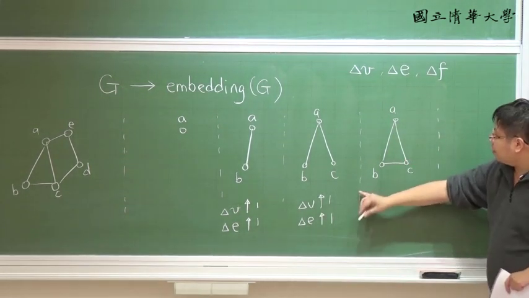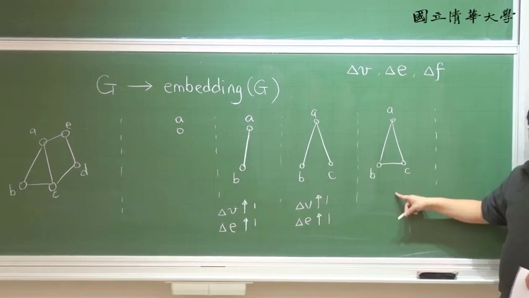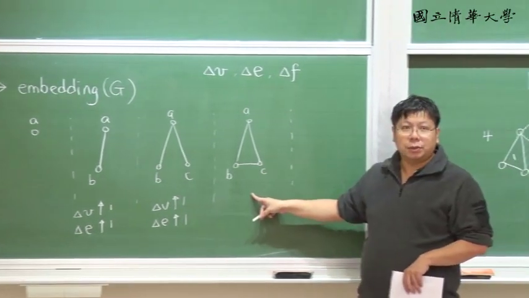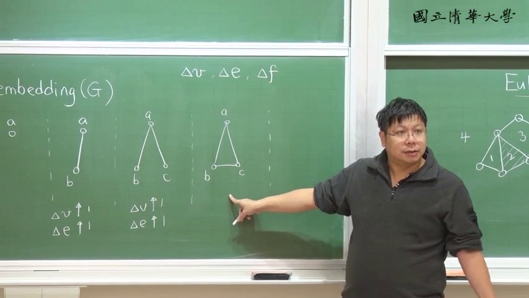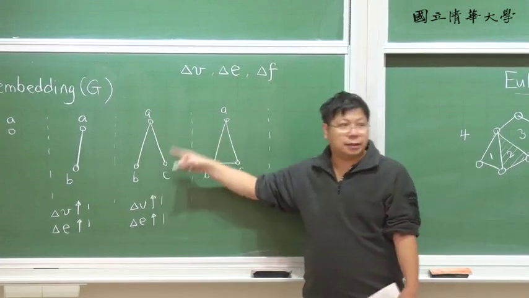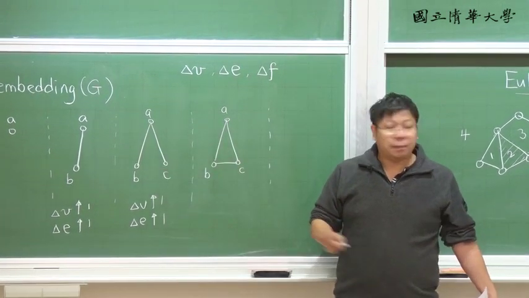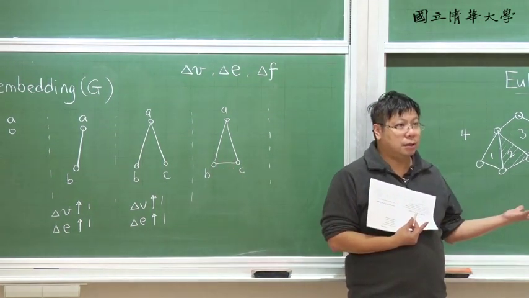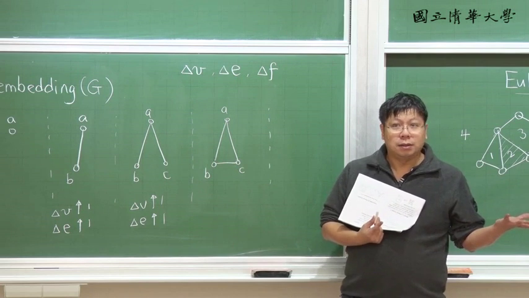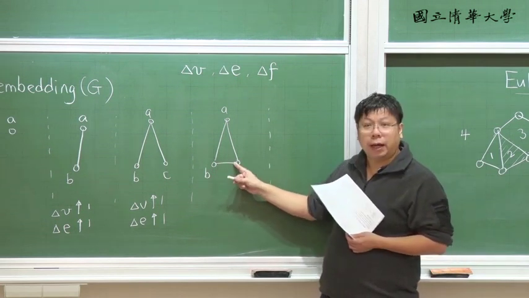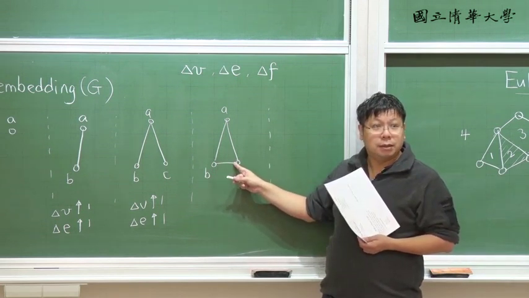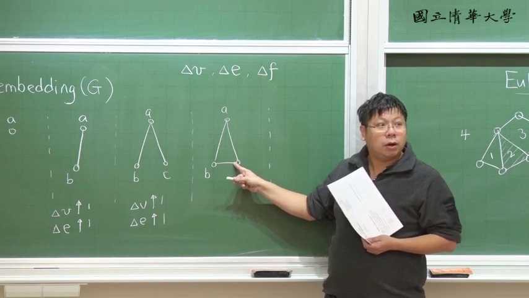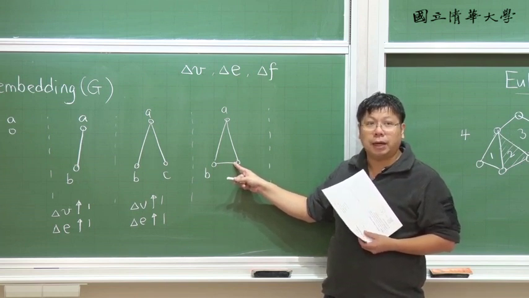Now, the change from this one to this one is a little bit different. We don't add a new vertex. We are still using the same set of vertices A, B, C. But what is changed? We add a new edge here.